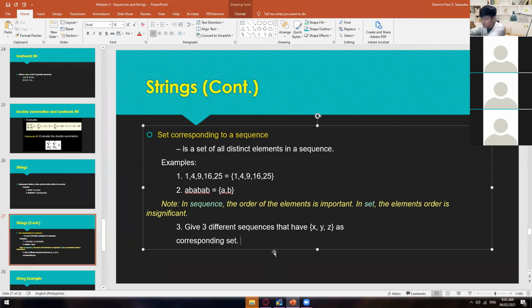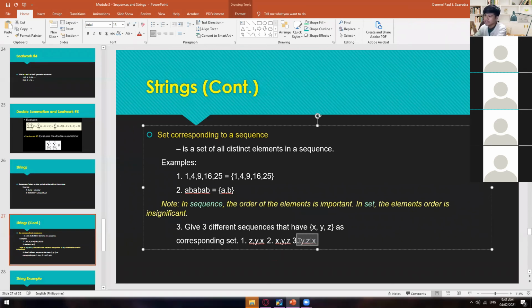Anyone can give? So I'll just write it here, but I'll erase it later on. For your first sequence, you can have z, y, x, or you can have x, y, z, or you can have y, z, x.